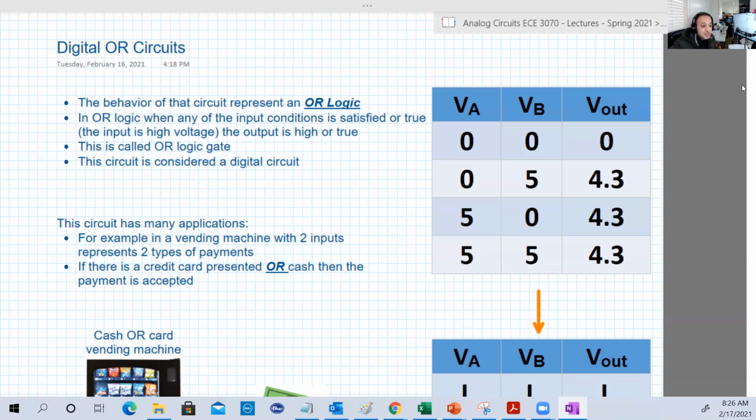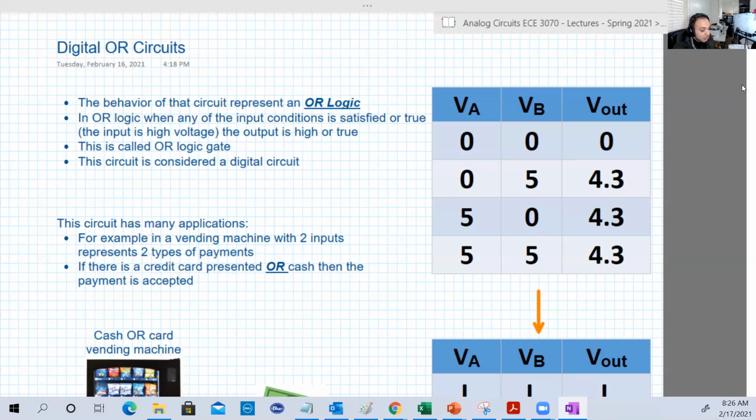We represent satisfied as 1, or high, or 5 volts, high voltage.